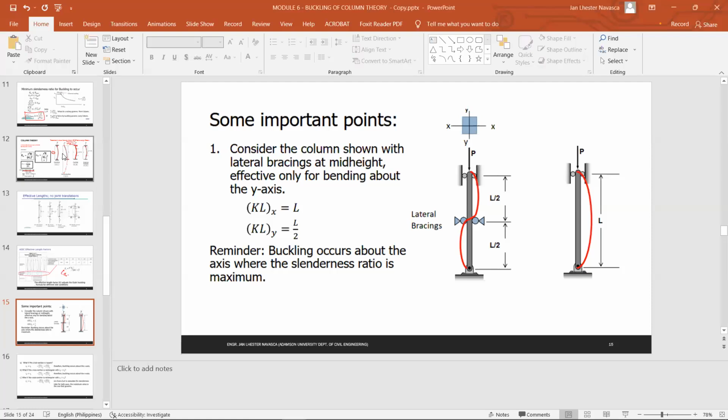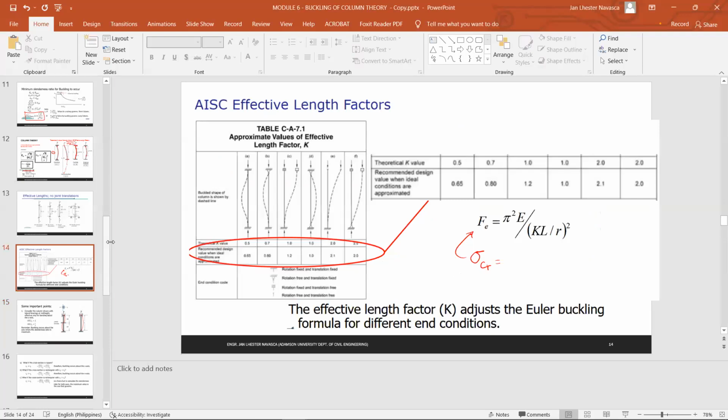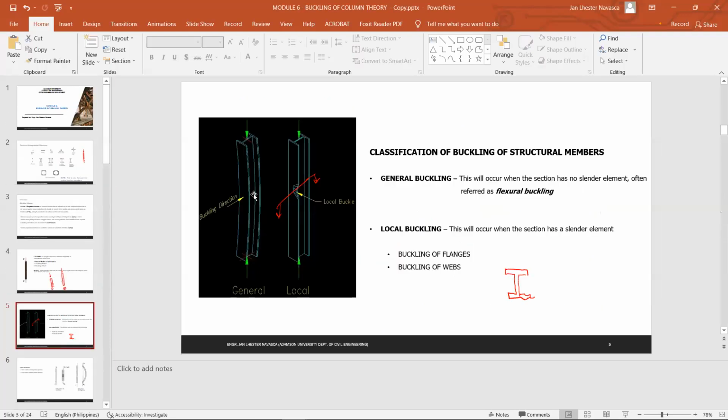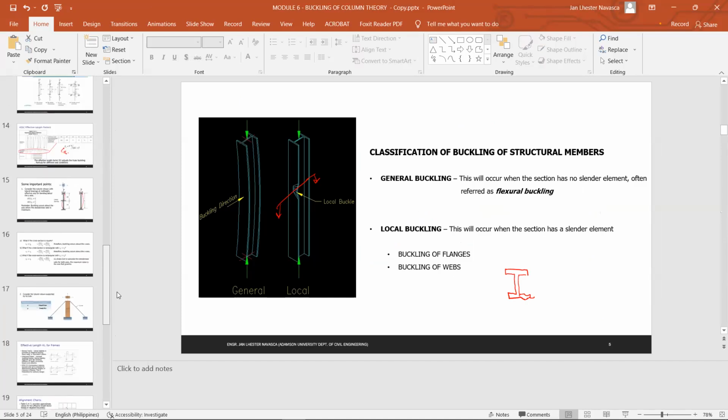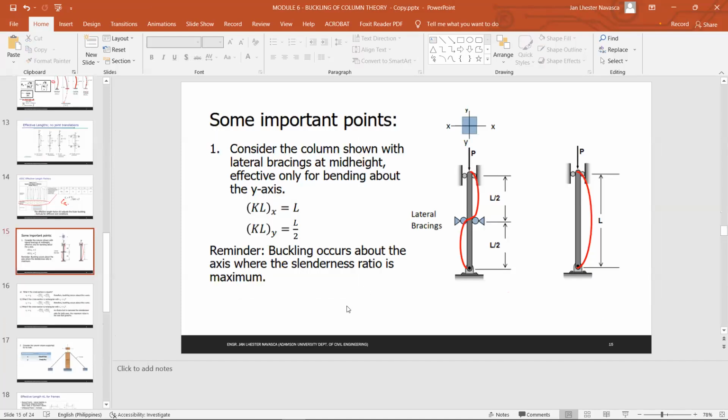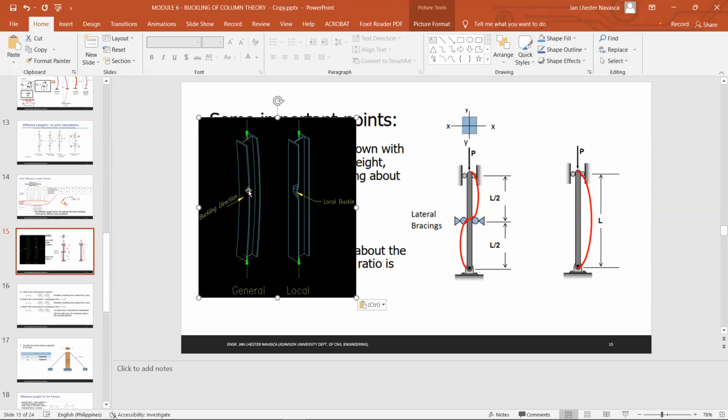Okay. So the lateral bracing is, let's say we have this column.